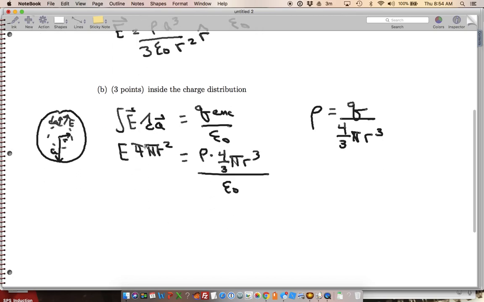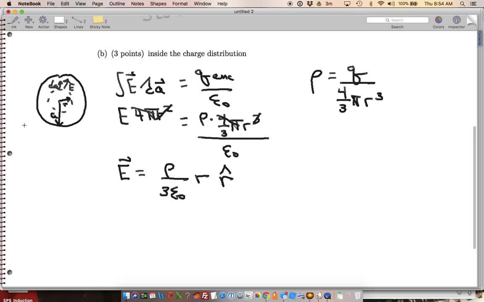And I can cancel out my 4 pi, and cancel out two of the r's, so I'm still left with r. So E is equal to rho over 3 epsilon naught times r. That's my magnitude, and it's in the r hat direction. It's pointing away because we're assuming the charge is positive.